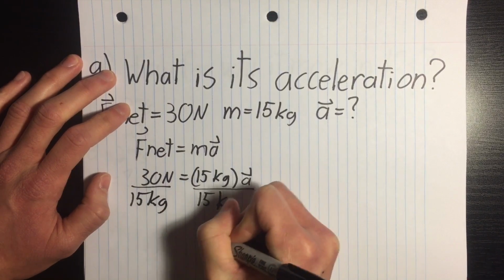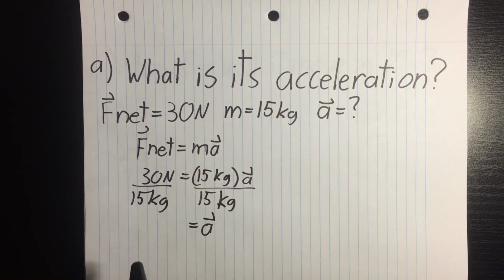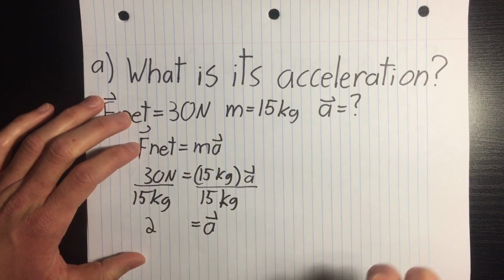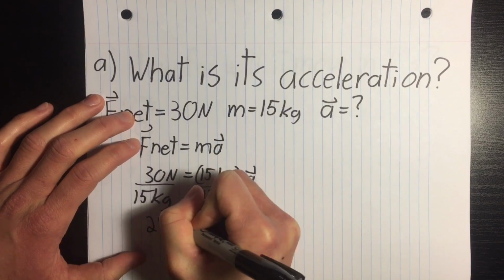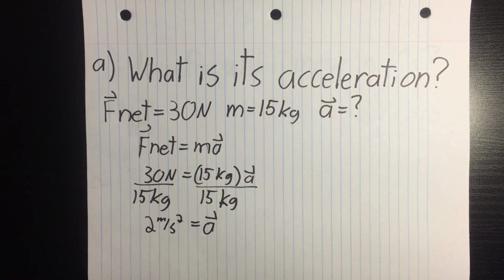Then we have a by itself, and 30 divided by 15 is 2. Our units are meters per second squared, which we cannot forget because there's a vector over the a. So the acceleration is 2 meters per second squared. That's the first part of the question.